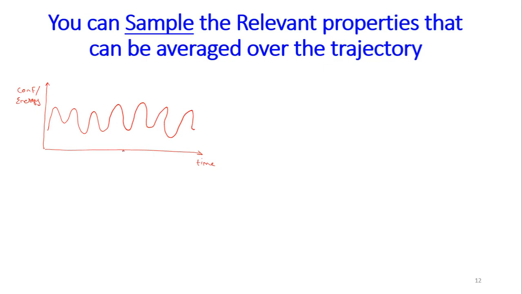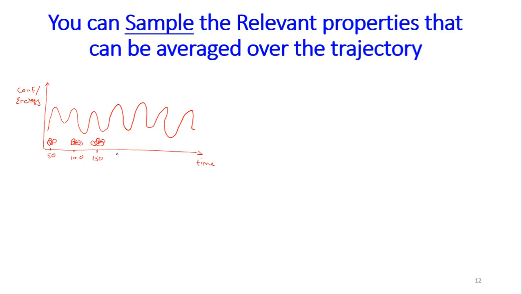To begin with, at the 50th picosecond, your protein might have this conformation. Then at 100 picoseconds, your protein might look something like this. Then as your simulation progresses, at the 150th picosecond, it might have this conformation.